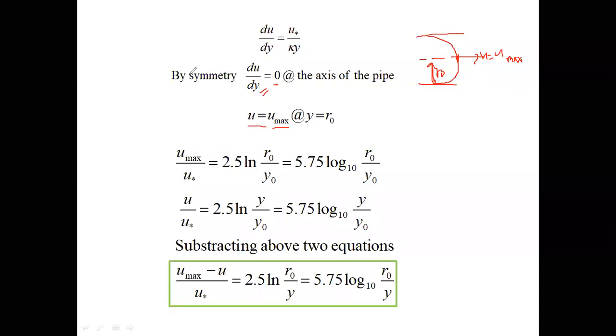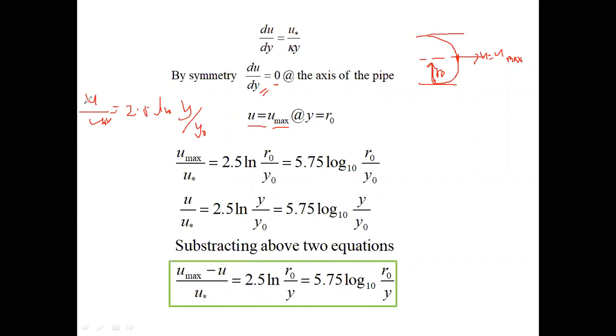Again, we can write our basic equation. You know the equation u over u star equals 2.5 ln y over y naught. The previous slide we learned that.